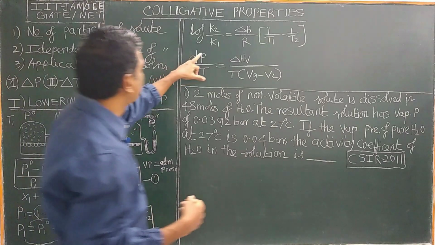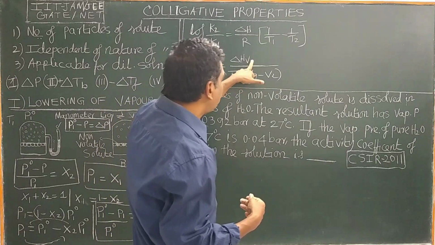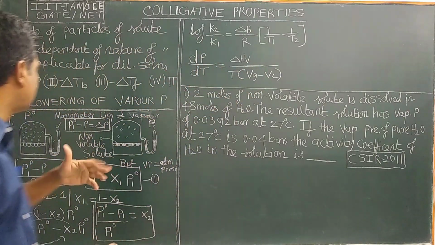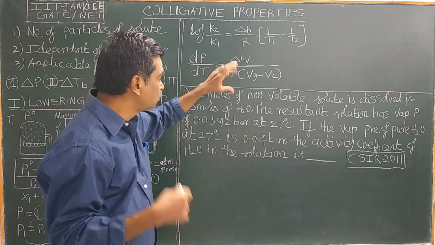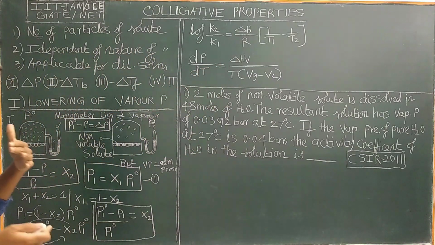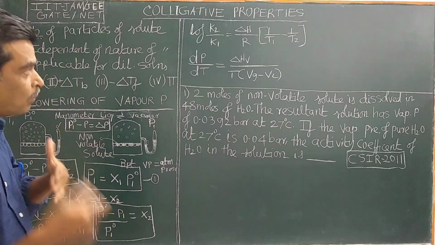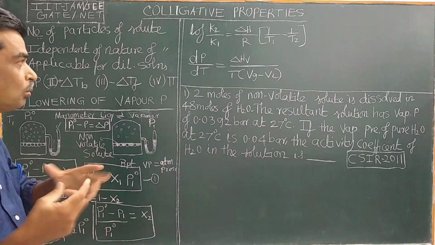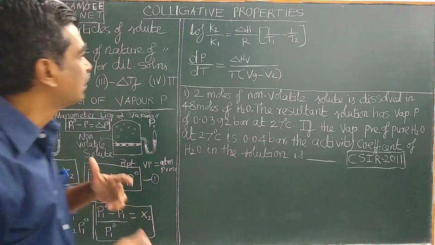That is, the rate of evaporation with respect to temperature is equal to the molar enthalpy of vaporization. What is the molar enthalpy of vaporization? It is the heat supplied to evaporate 1 mole of liquid at a particular temperature.